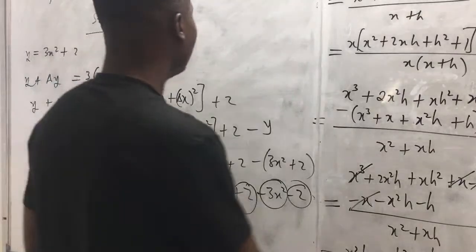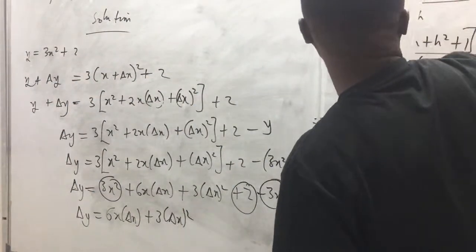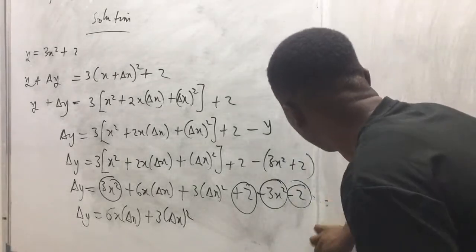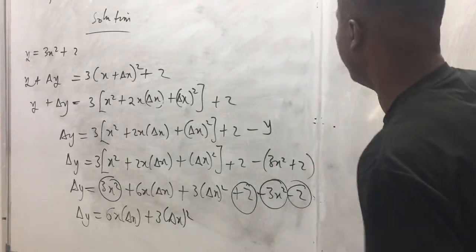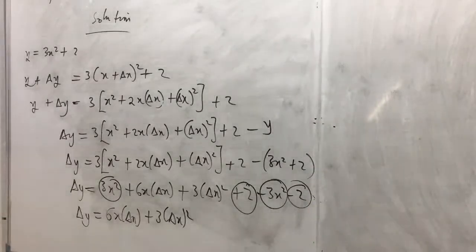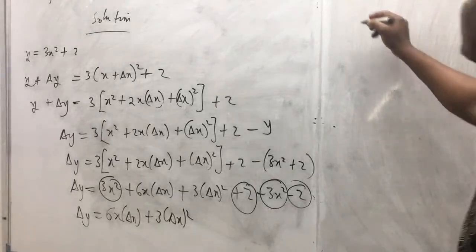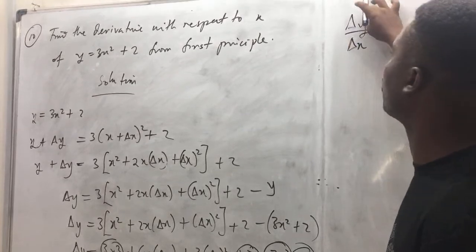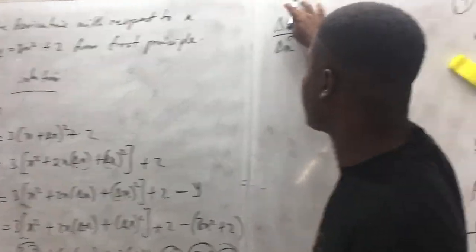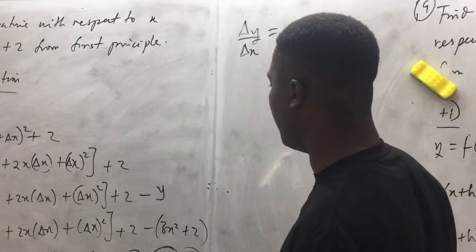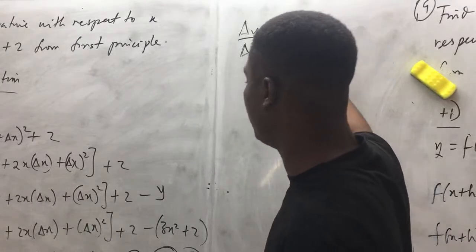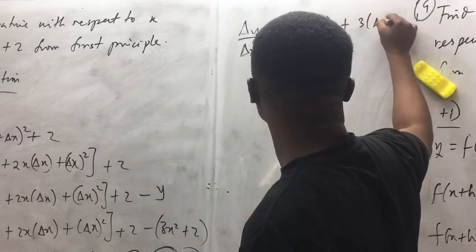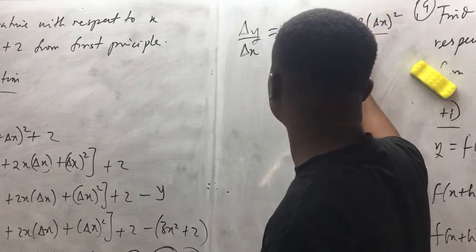Once you get an expression for change in y, please take note, the next thing you have to do is to obtain the gradient function. And guys, I keep repeating, the gradient function is a ratio of your change in y expression to your change in x value. So that will give you 6x change in x plus 3 in bracket change in x all squared, all over change in x.